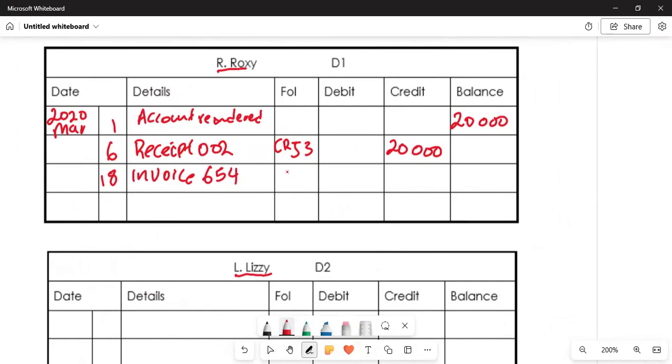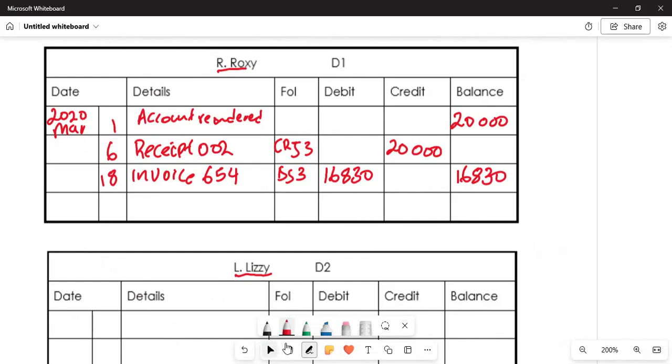Then we are going to say debtors journal, because as a business we sold the goods on credit to Roxy, and then we are to record it on the debit side to show that we are still owed by Roxy, 16,830. So now we are going to write this balance, because we are still owed 16,830. Hope we are together.